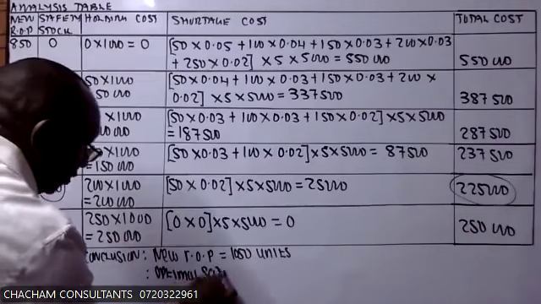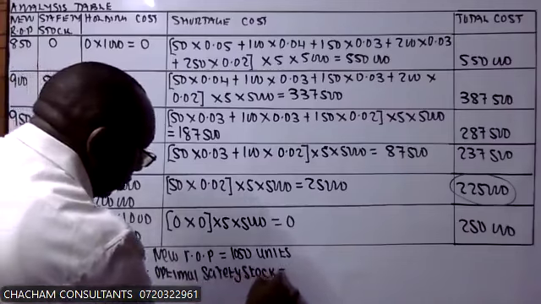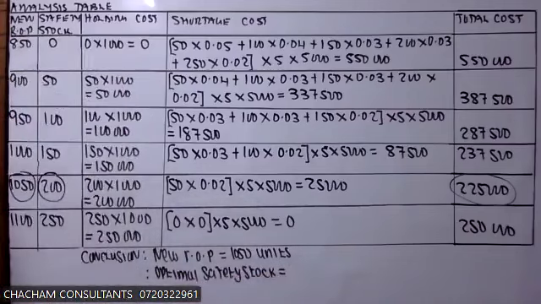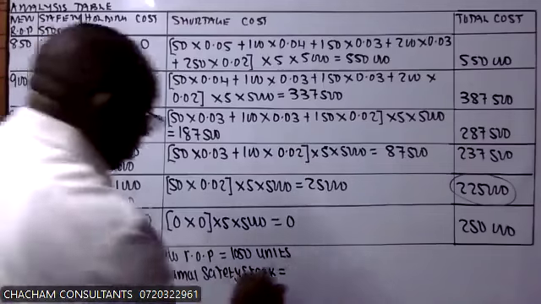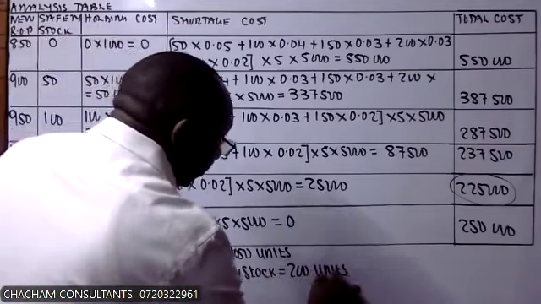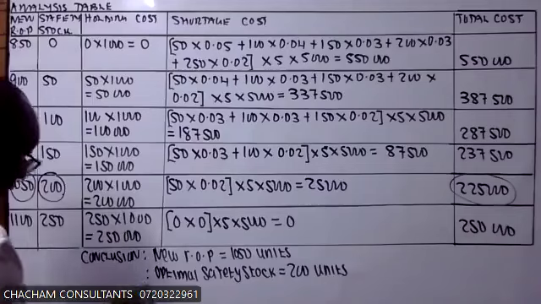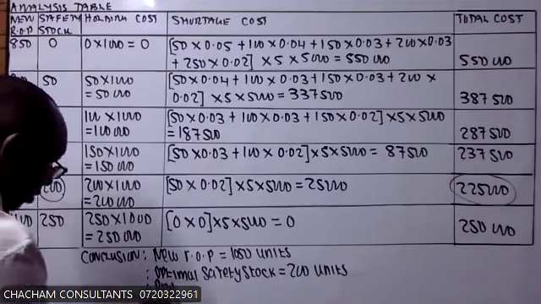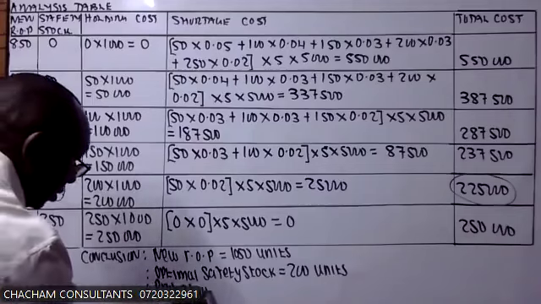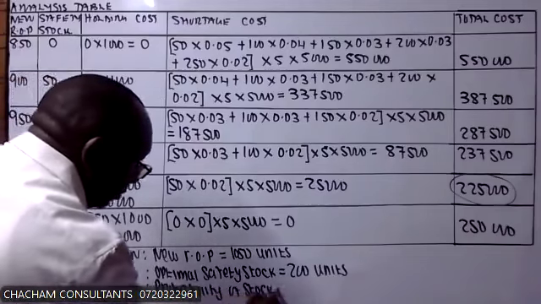At that point, we have also clearly seen that the optimal safety stock is 200. And the last thing you should tell us is the probability of stock out.